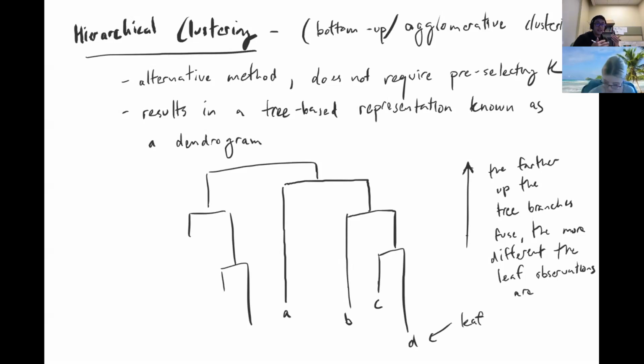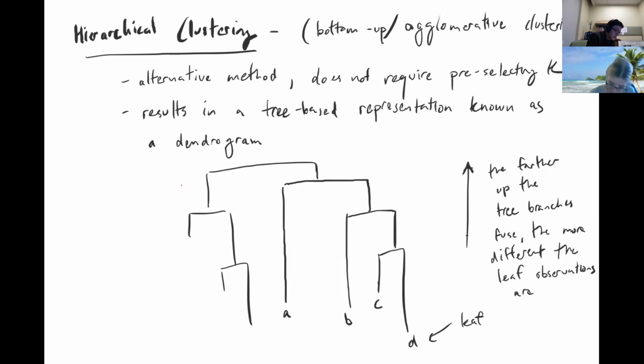And I can cluster the leaves on my tree based off of cutting the branches at specific points. So the thing about hierarchical clustering is that it still requires you to make a decision about how many clusters you want, but it preserves all the information about grouping of all the clusters.